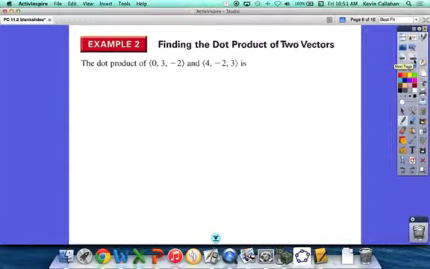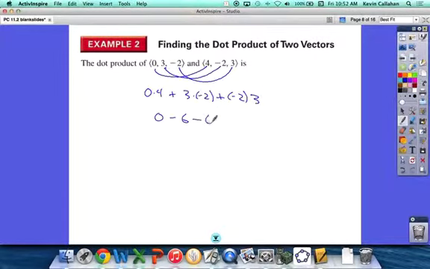Right, find the dot product of 2 vectors in space. How will we find the dot product? It's going to be 0 times 4 plus 3 times negative 2 plus negative 2 times 3. 0 minus 6 minus 6, negative 12.